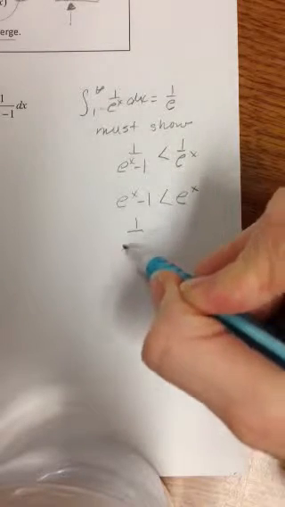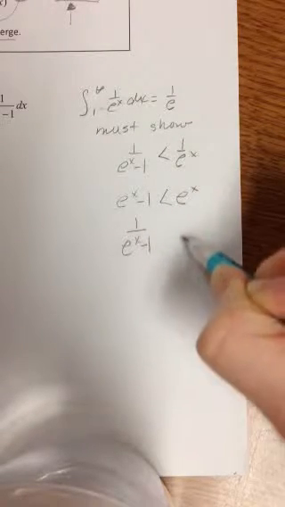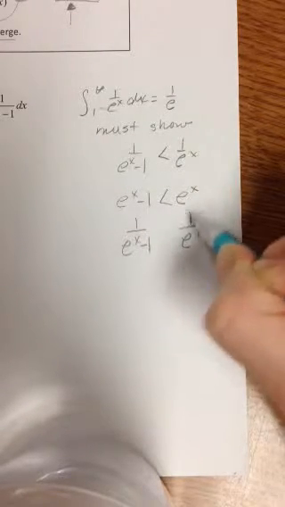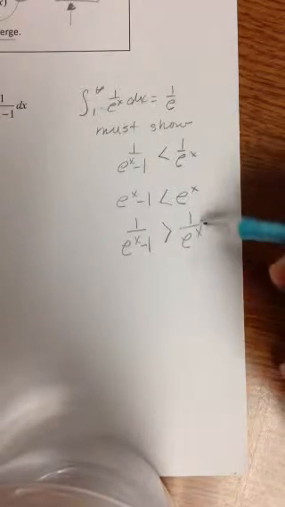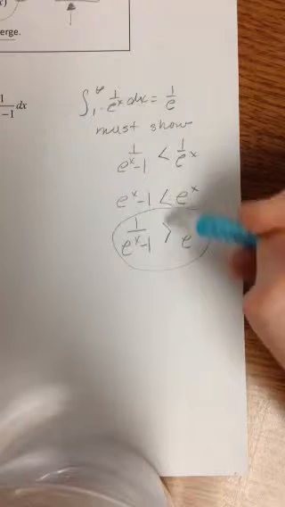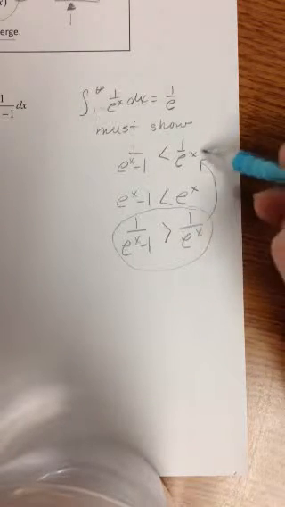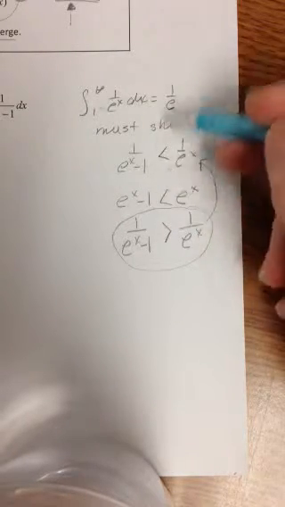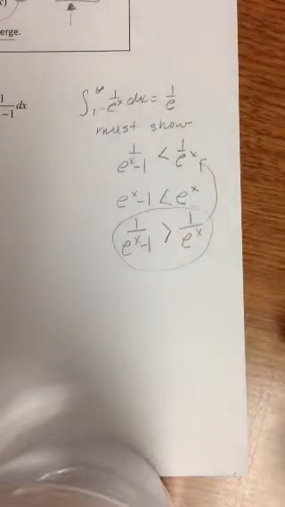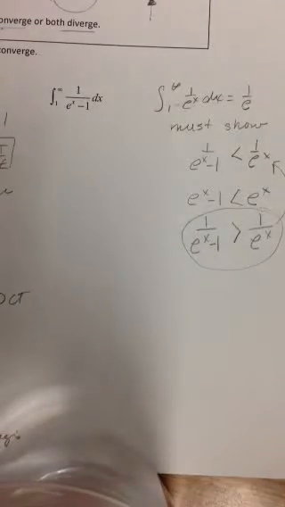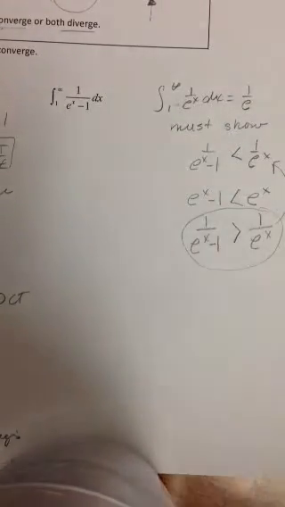When I take the reciprocal, though, as we saw earlier, that's going to change the direction of this inequality. So the comparison of these two functions using the direct comparison test is not going to work for me.